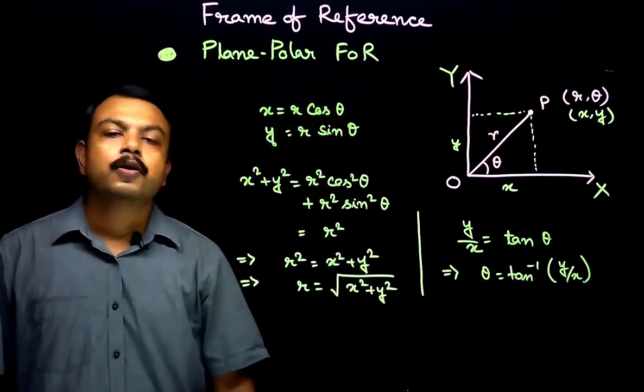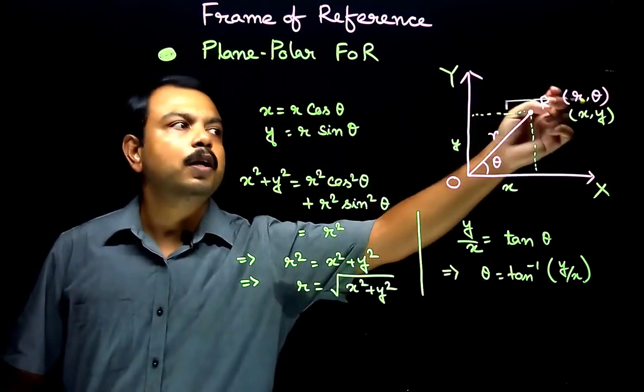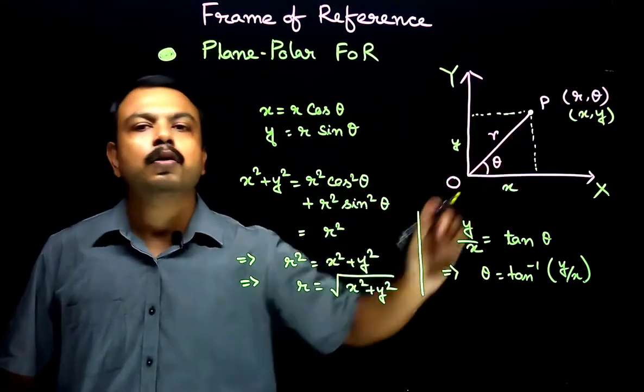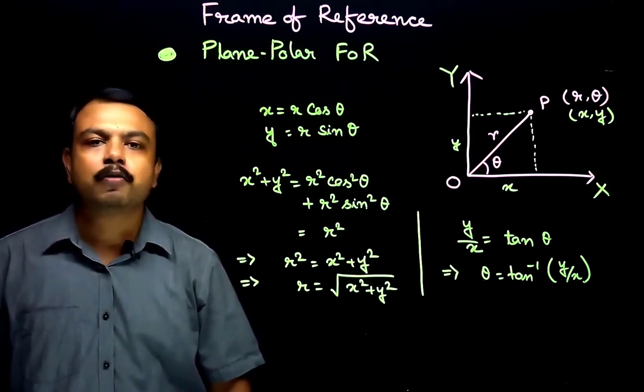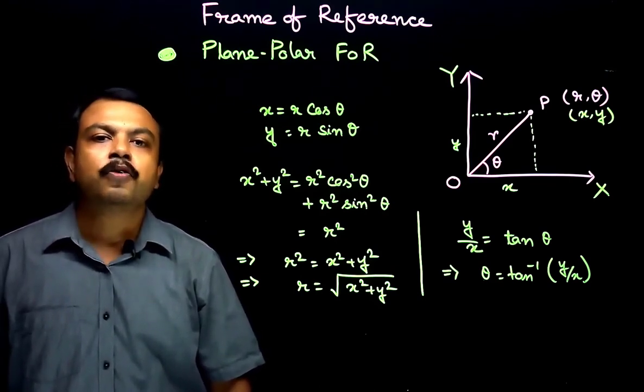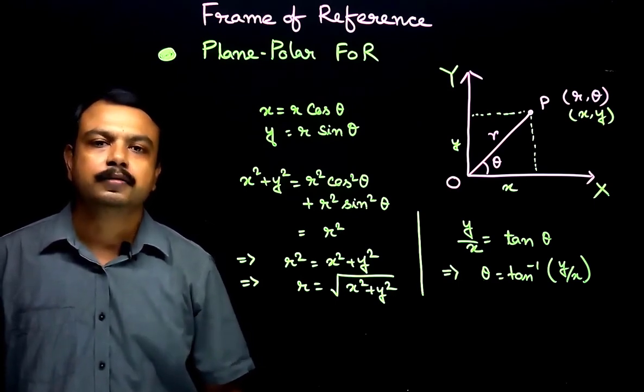So this is how we can represent the coordinates of plane polar coordinate system in Cartesian coordinate system. This plane polar coordinate system is useful for the representation where the motion is confined in a plane.